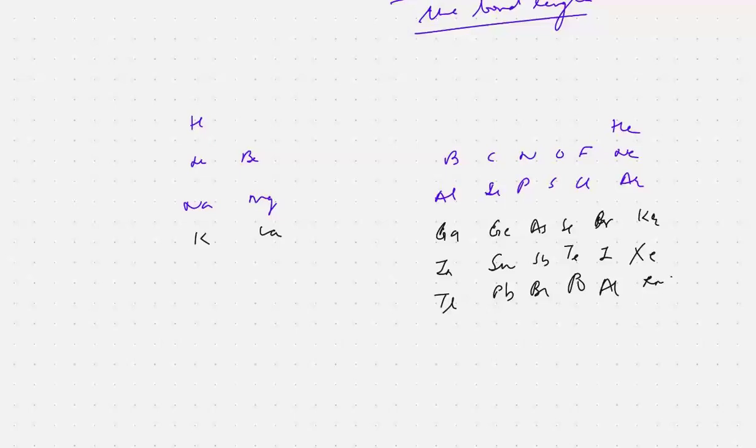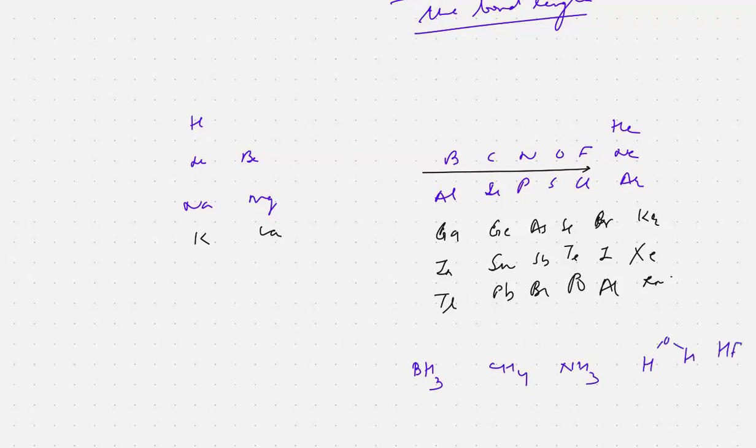That's the periodic table, right? So if you make a table like this, going along the black line horizontally, the acids that you make are BH3, CH4, NH3, water, and HF.